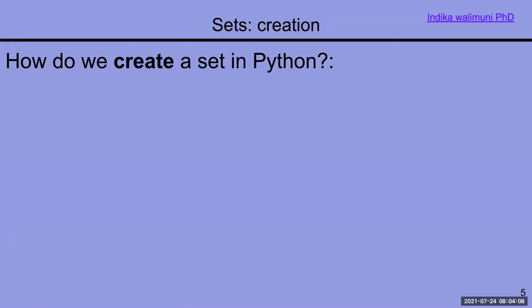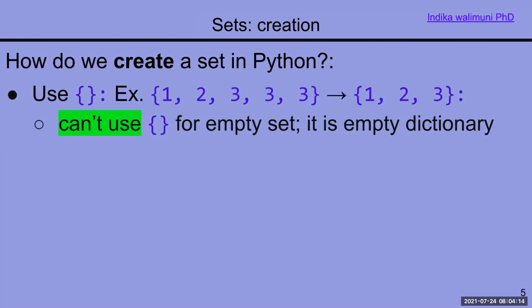So let's see how we can create a set in Python. First, we can use a set literal, by enclosing the things we want to create a set out of in curly brackets.